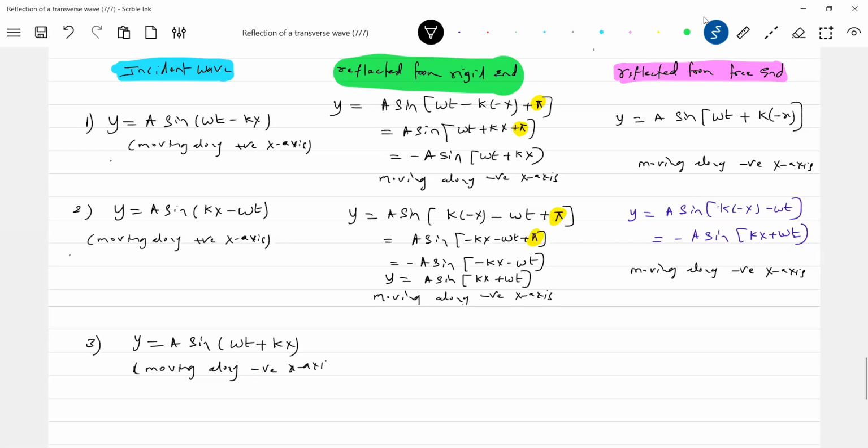Moving along, sorry, negative x-axis. Okay, no. It will be reflected from a rigid end. Will you change anything? Yes, the direction of x I have to change.